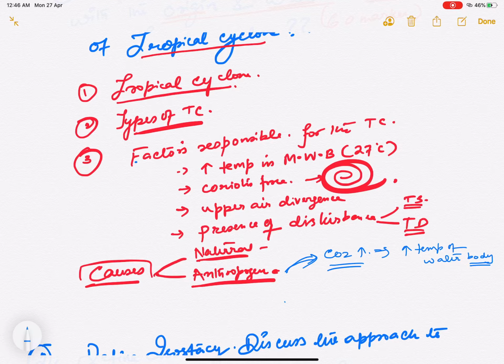This is one of the major anthropogenic causes responsible for the rising temperature of the ocean water. One of the other minor causes of the rise in temperature of the ocean water is also in the anthropogenic cause itself.